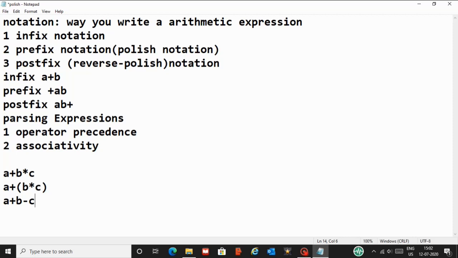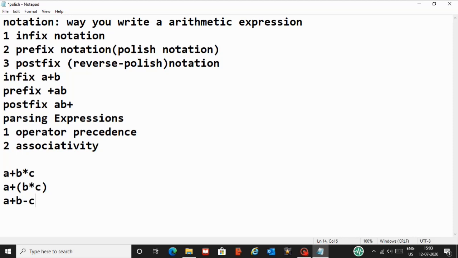It will help you determine which has to be evaluated first when operators of the same precedence appear in an expression. Both plus and minus are left associative. So whichever comes first from left to right is evaluated first.